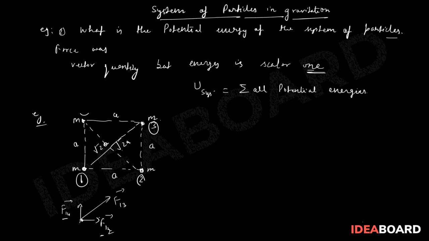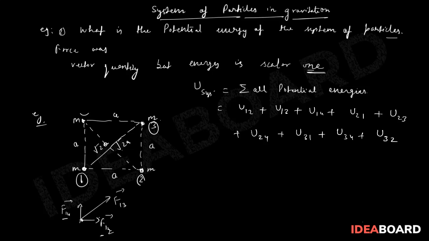So obviously 1 and 2, so U12 plus U13 plus U14, plus for particle number 2, U21 plus U23 plus U24, plus U31 plus U34 plus U32, plus U41 plus U42 plus U43. So this is the total energy.